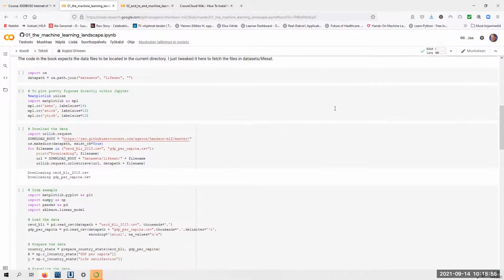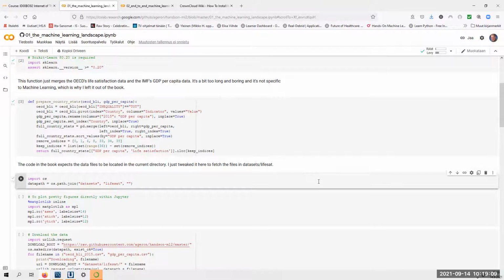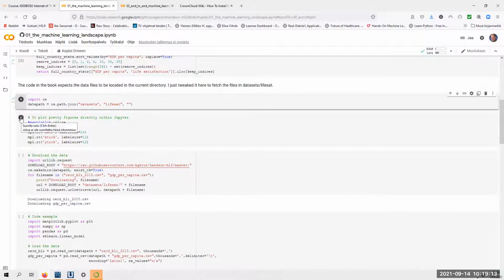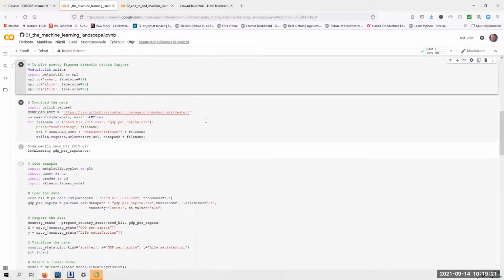But I guess you can learn by doing. That's how I have studied this material. And this Jupyter Notebook is great for this purpose because you can see the comments and everything. And in principle, this should work.